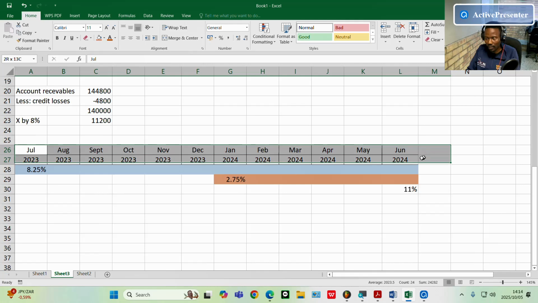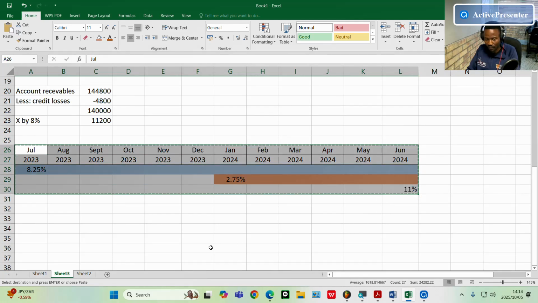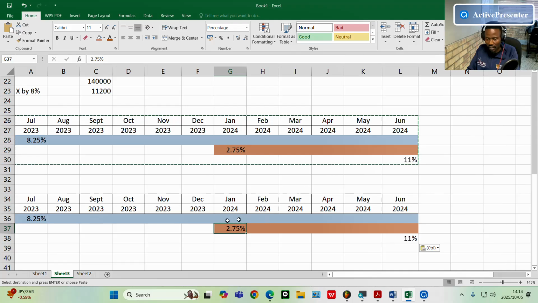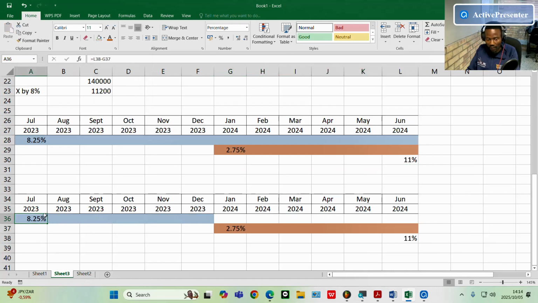Or using the same logic, we can say this 8.25 stayed for 6 months, from July to December, and then we added 2.75% on 1 January, making it 11%. So this 11% stayed for 6 months.